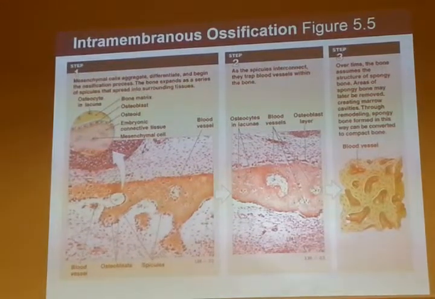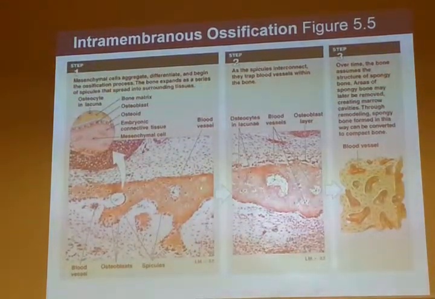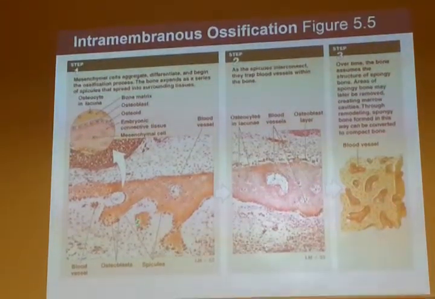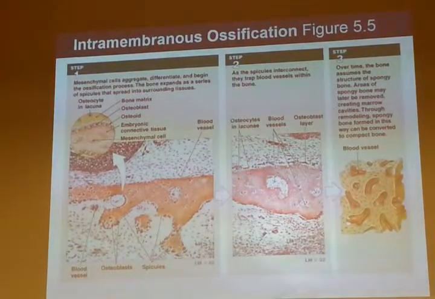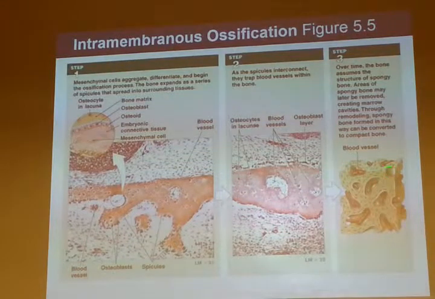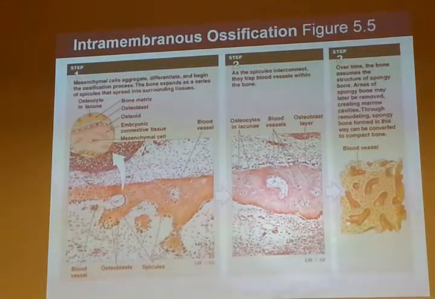And that's what's shown here. So you have ossification centers with these struts of bone forming. Here's another ossification center. Eventually these will come together and you'll have the woven bone around a blood vessel, and so different blood vessels with woven bone around them.